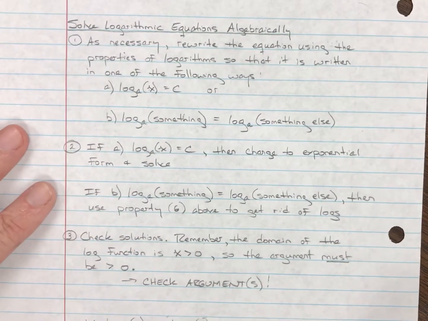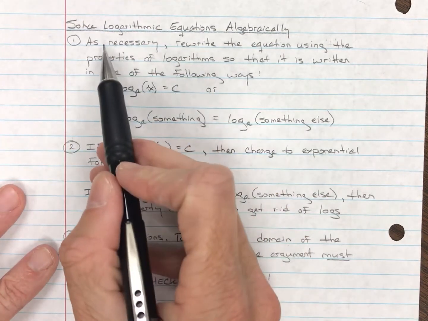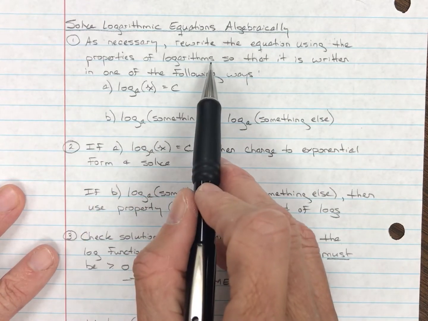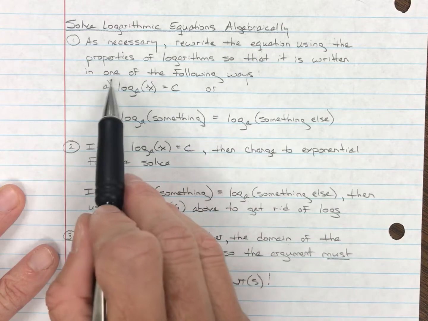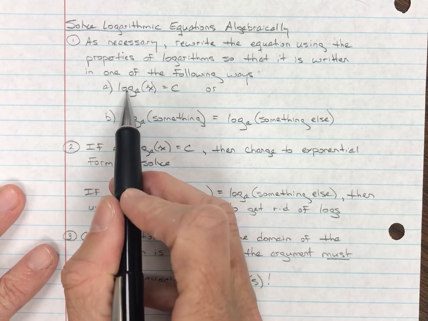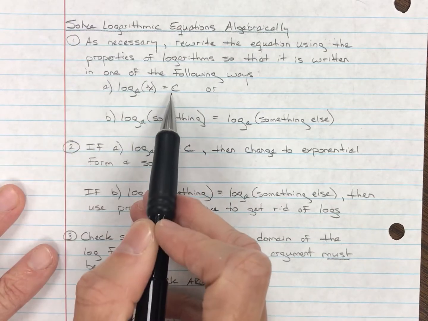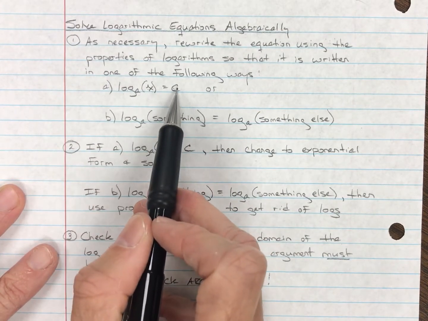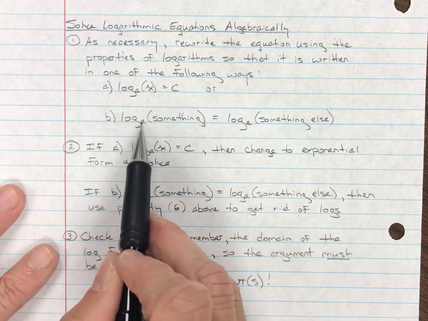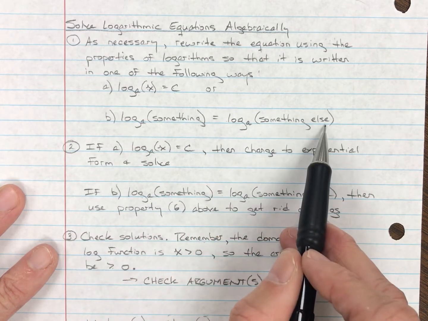All right, how do we do it? Let's talk about the steps for solving logarithmic equations algebraically. As necessary, rewrite the equation using the properties of logarithms so that it is written in one of the following ways. First possibility: log base a of x equals c. If you can write it this way, you can change it to its exponential form and solve it. The second possibility: one log base a of something equals one log base a of something else.